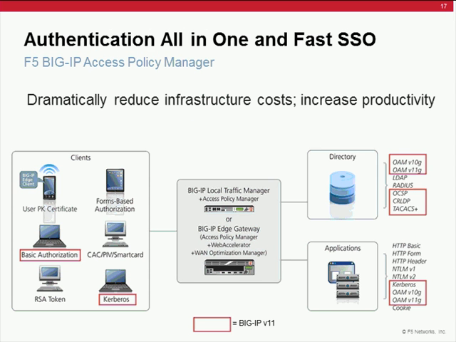And you can see both of those solutions are included in the middle picture, APM and Edge Gateway, integrate with your current AAA infrastructure. Not that we don't care, but whatever you've got on the back end, Active Directory, LDAP, Radius, Kerberos, SecurID natively, and various other ways to authenticate users, it'll integrate right into your authentication or AAA infrastructure, if you will.